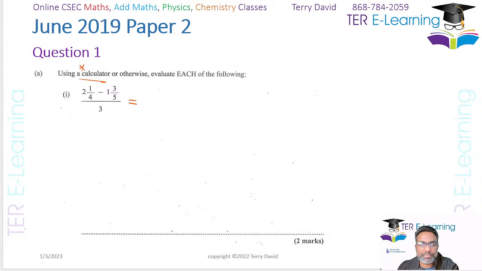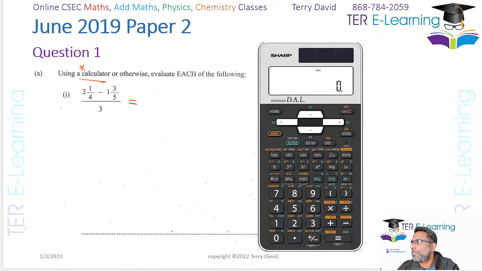Let me just pull up my calculator here as well. You should be seeing my calculator there, and what I want to work out is 2 1/4 minus 1 3/5.